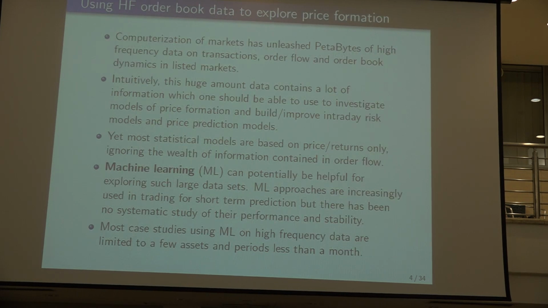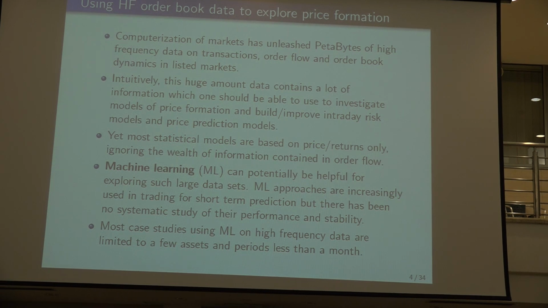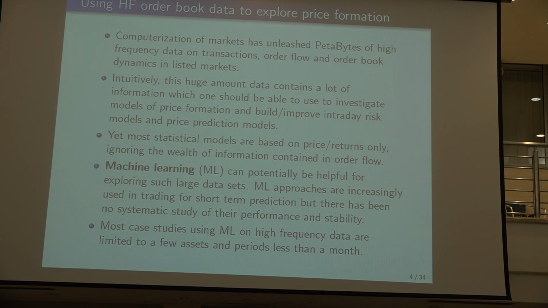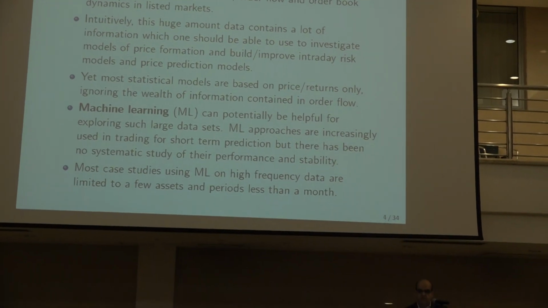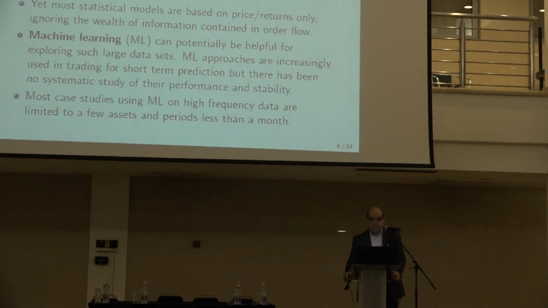So that's where it gets interesting for us, because there is lots of data. As I said, for liquid stocks, we have microsecond information on this order flow, and this means petabytes of high-frequency data on transactions, orders, cancellations of orders, etc., per week.